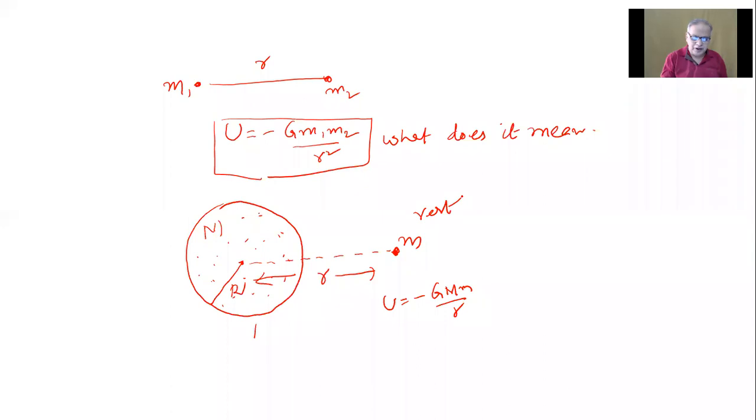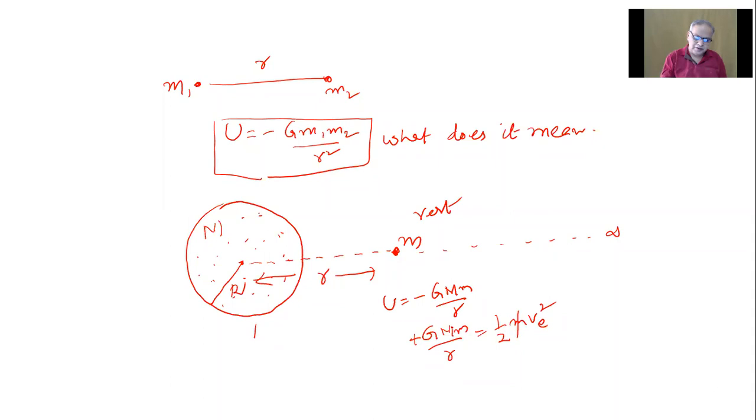So, if somebody puts some kinetic energy into this, which is equal to G M m by R, so this much energy you put into this, it will go to infinity. It will escape from the influence of Earth. And therefore, this velocity people call as escape velocity.